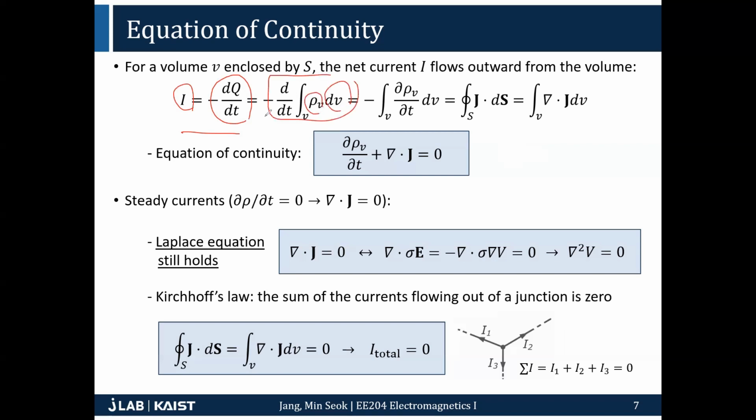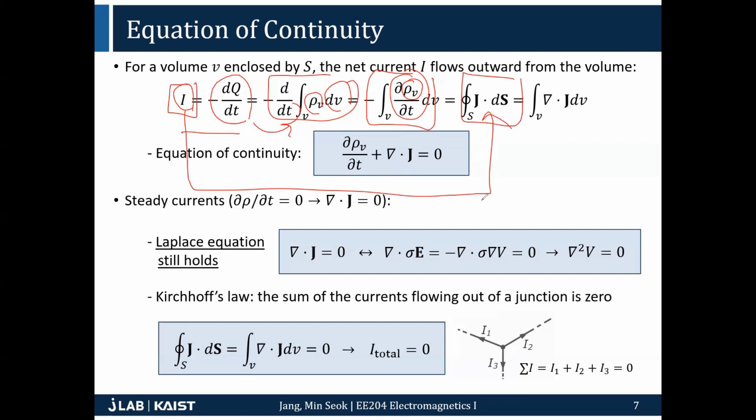So you can write this equation like this, and the time dependence only applies to the charge density, not the volume. And this is the same as the original I, which is equal to the surface integration of j dot ds.